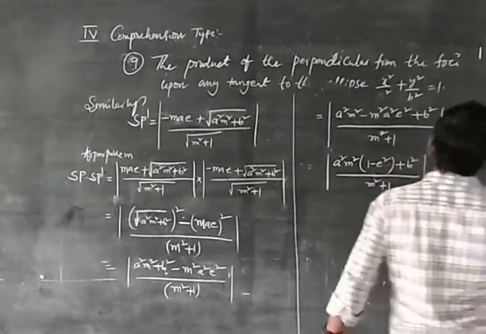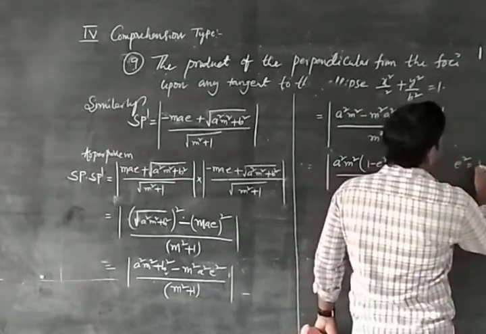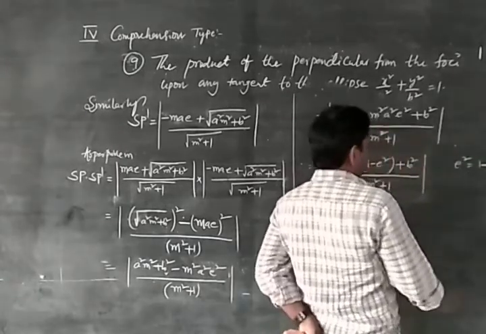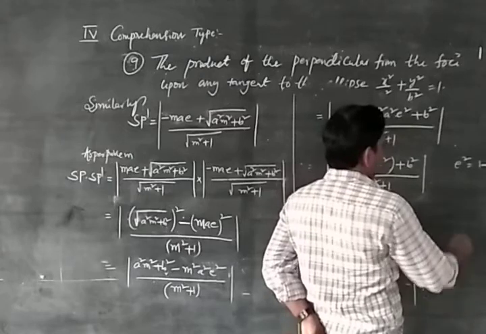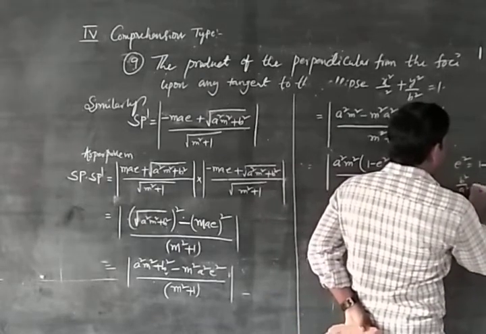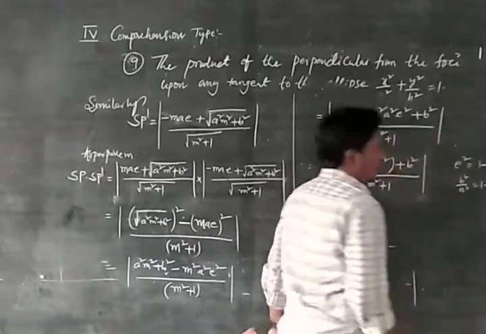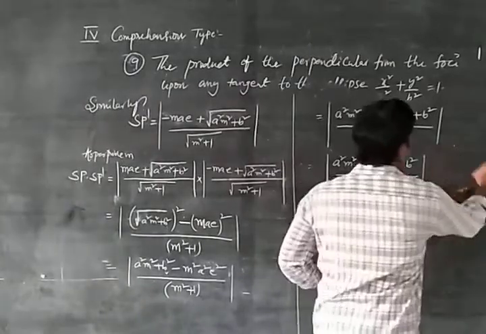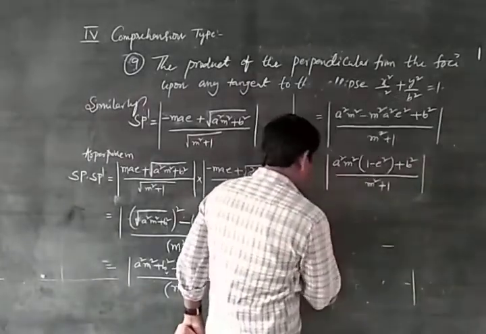We know that e square equal to 1 minus b square by a square, so b square by a square equal to 1 minus e square.